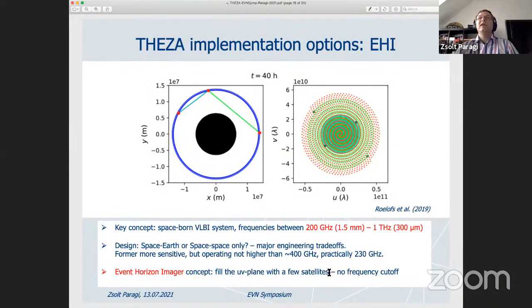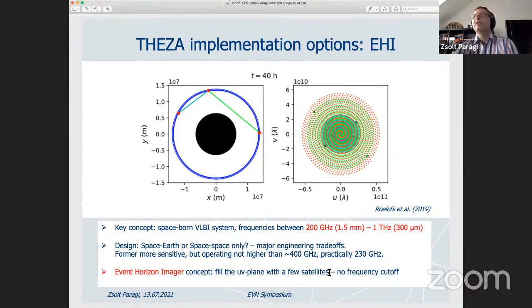Now, one possible implementation for THEZA was already considered as an event horizon imager. This would be 2-3 satellites, 4 meter class antennas flying in low Earth orbit, and the orbital radius would be very similar.